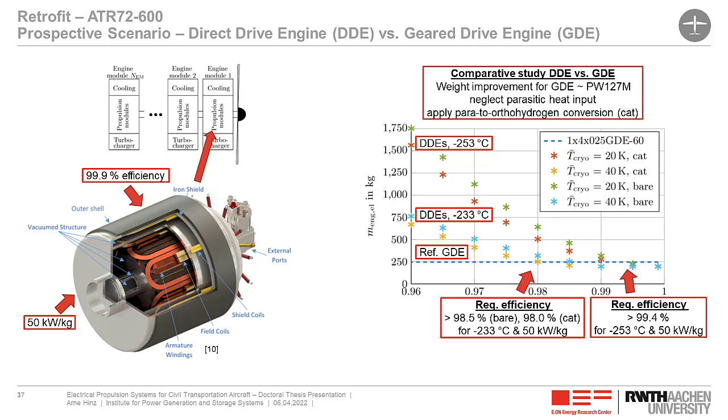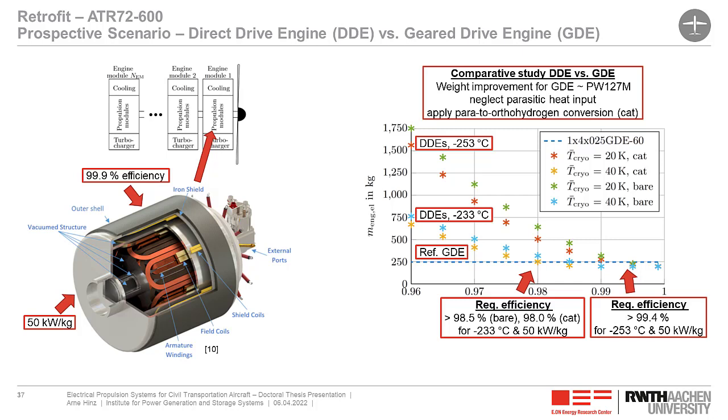With increasing operation temperature, we can reduce this minimum efficiency to 98.5% if we do not apply a conversion catalyst. And if we do, we can reduce the minimum efficiency to 98% with a power density of 50 kilowatt per kilogram.